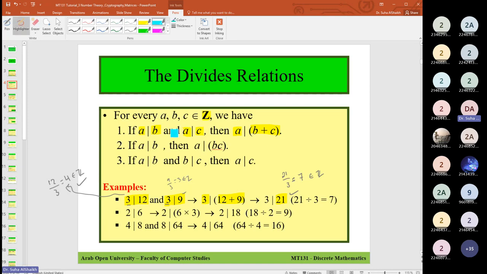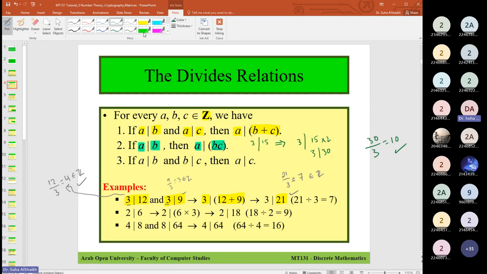Now the second property is that if A divides B, this means A must divide B multiplied by any other C. For example, when I say that 3 divides 15, this means that 3 divides 15 multiplied by any number, for example multiplied by 2, which is 30. Right? 3 divides 30 because 30 over 3 is equal to 10, and this is correct.